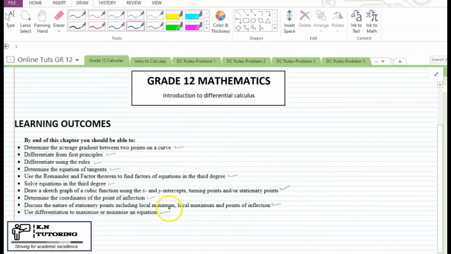So in the next slide, I will go through the key concepts, and from there you'll be able to understand in more detail what we'll be covering and what is required of you. So from now on, we're going to look at the key concepts.